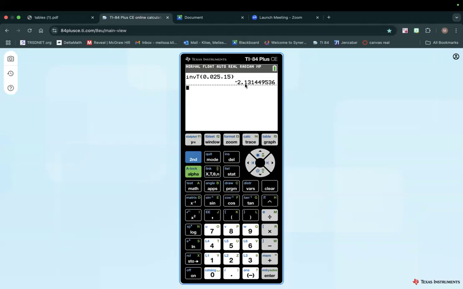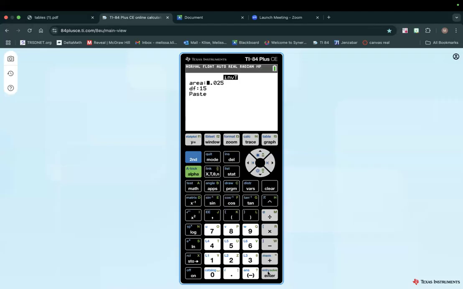Can you go back to the inverse t so I can see what I was writing down? I'm sorry, as you were talking. No problem. Inverse t. Right there. That screen right there. Degrees of freedom. Okay, so your area is the number you subtracted from 1 and divided by 2, and then you copy that down.